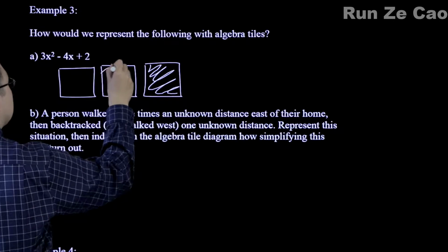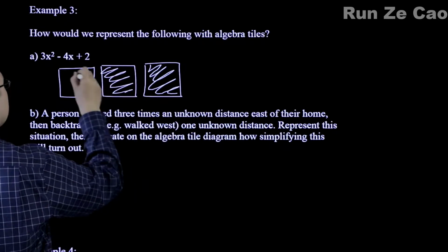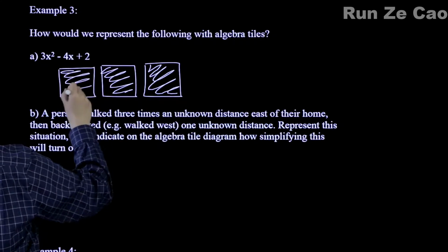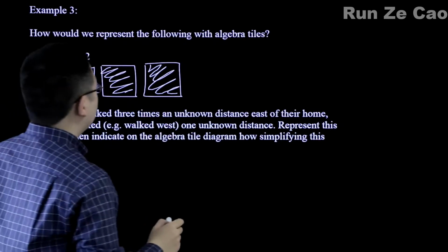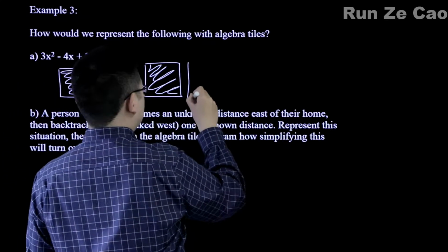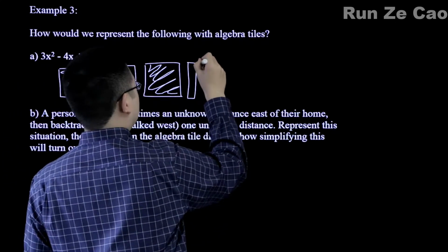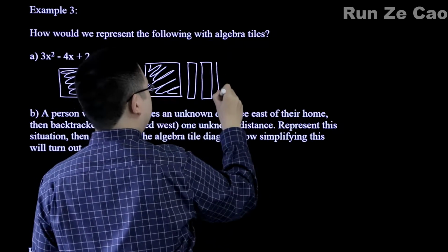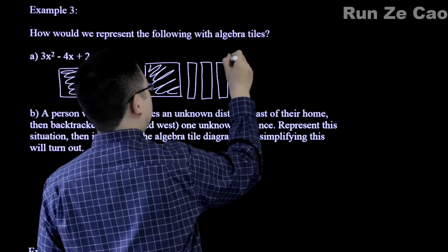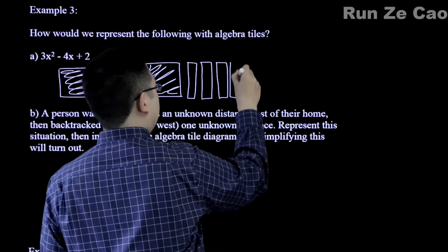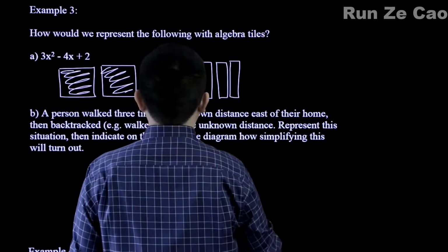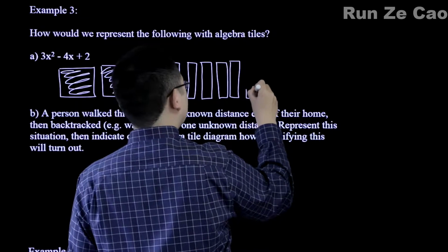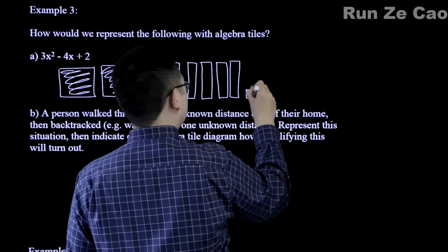Well, it's positive 3, so all of these are filled in. Minus 4x, and then plus 2.